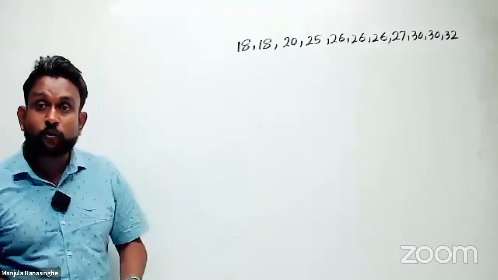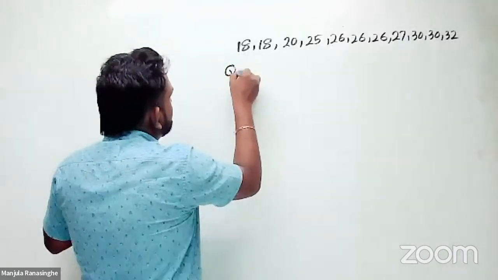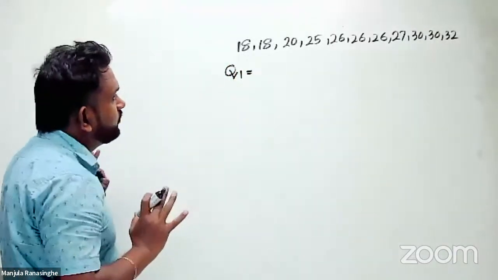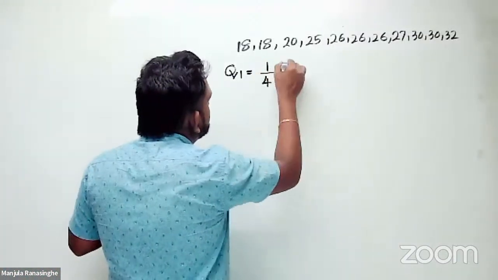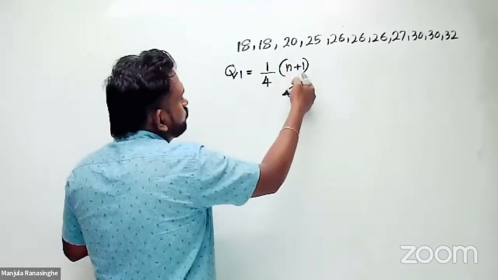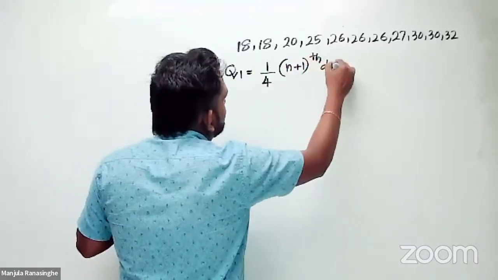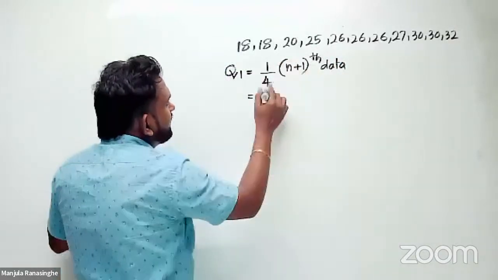Okay, then how to find the Q1 formula? See there. Q1, you have to find the first quartile. Whenever the distribution is very small, Q1 is 1/4 into n plus 1th data. N means the number of data. How many data here? 11.